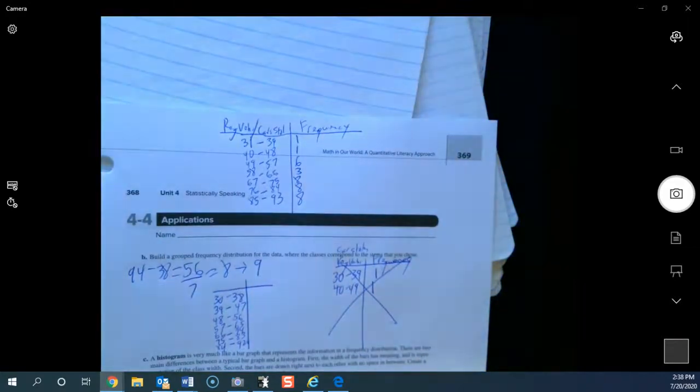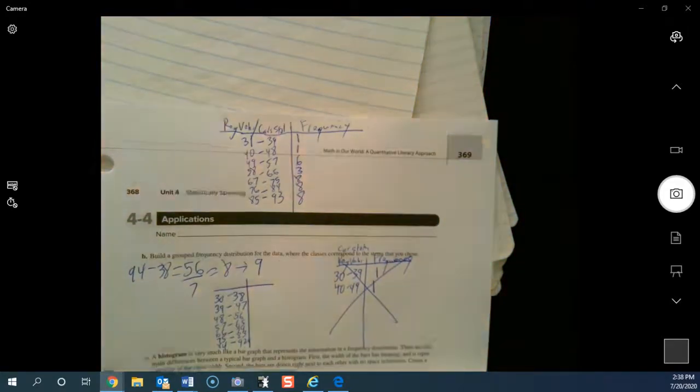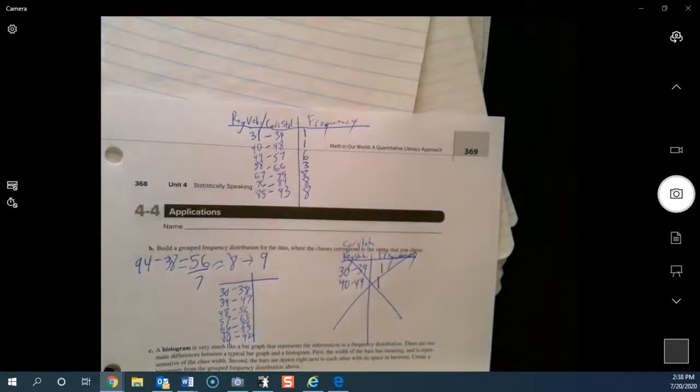All right. Now we move on from here. And what we do next, we go down here to our histogram, which is C. It says a histogram is very much like a bar graph that represents the information in the frequency distribution.